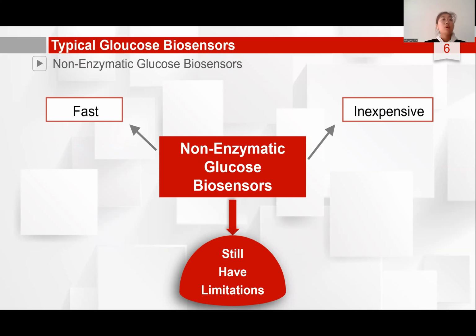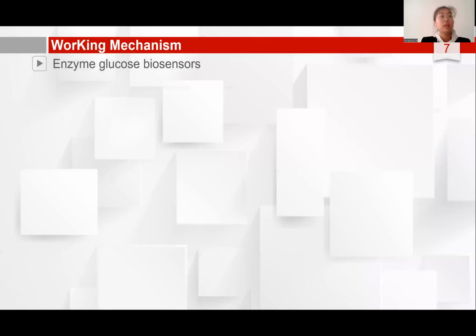But direct glucose oxidation at precious metal electrodes is subject to some limitations. So increasing the amount of glucose coming into direct contact with the electrode may reduce the limitation in sensitivity and selectivity. Now I will show the mechanism of these two kinds of glucose biosensors.